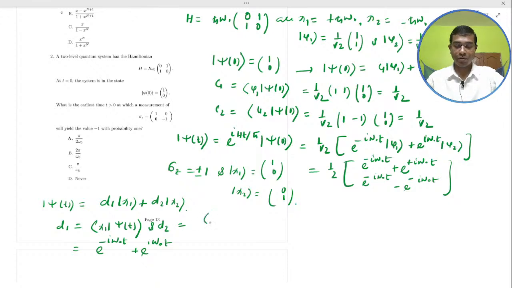And for d2 equal to bra chi 2 with psi t, just calculate: exponential minus i omega naught t minus exponential i omega naught t.